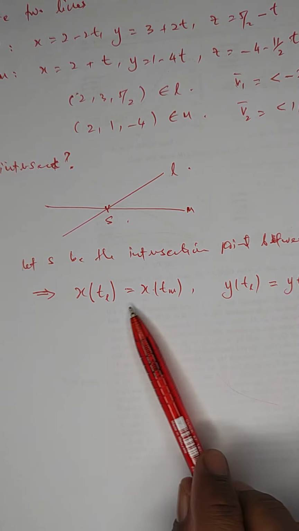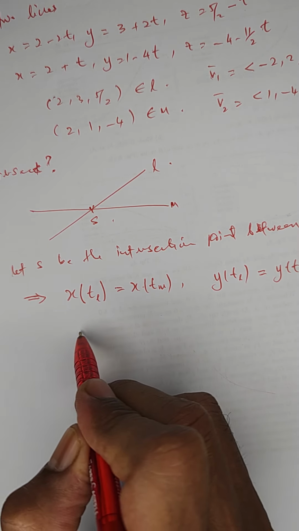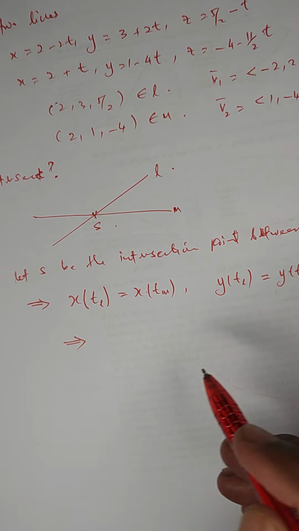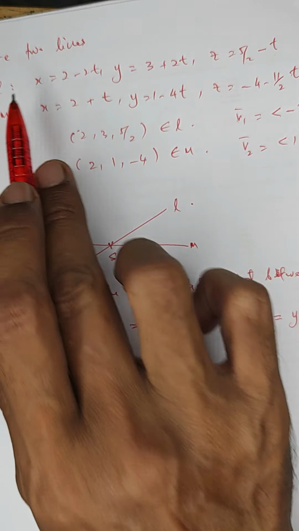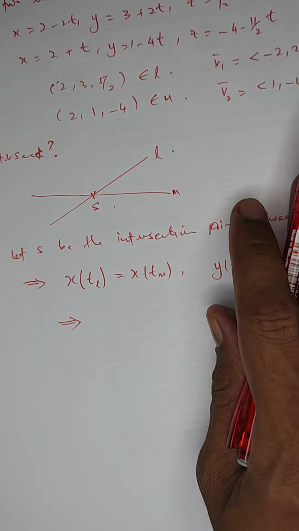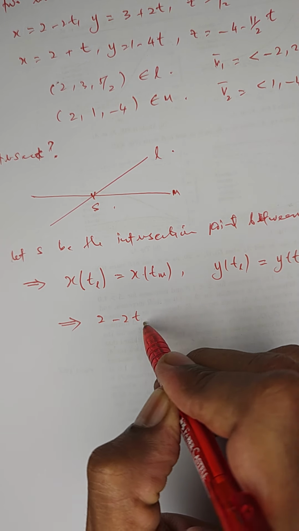Okay, so if you have this in mind, for X for L and X for M, we have 2 minus 2TL.